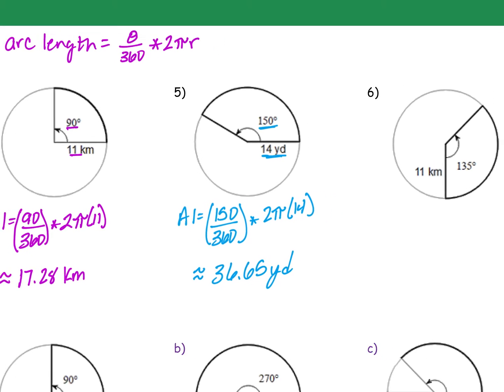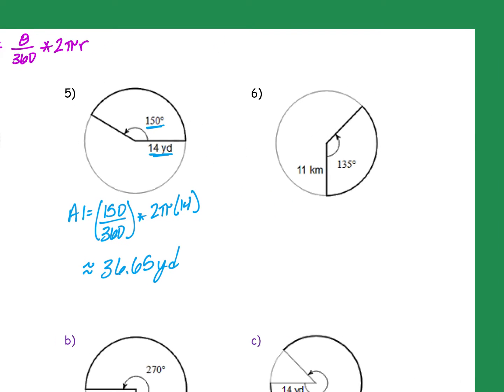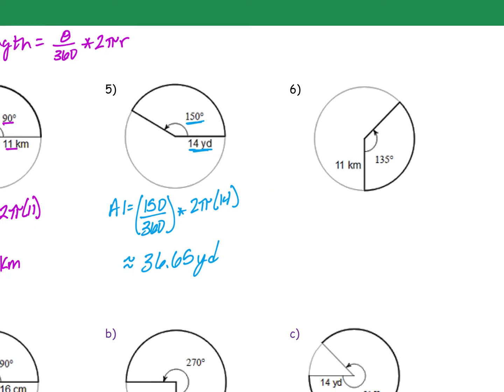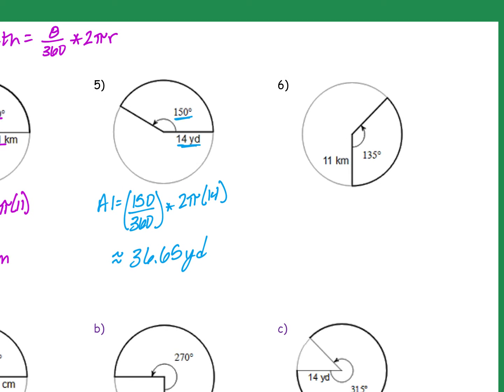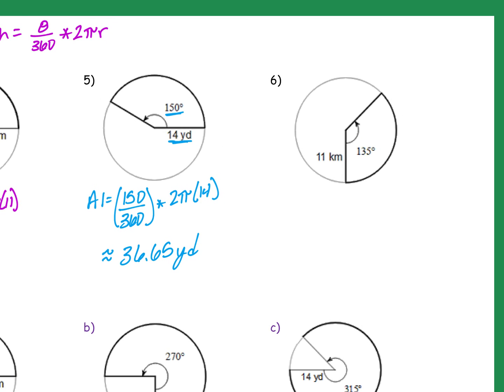Okay, number 6. Oh, there's the equation. I'm trying to keep the equation on here and be able to write. Okay, you guys can see it. Here's my angle, there's my theta, and there's my kilometers. So arc length equals 135 divided by 360 times 2 pi times 11.